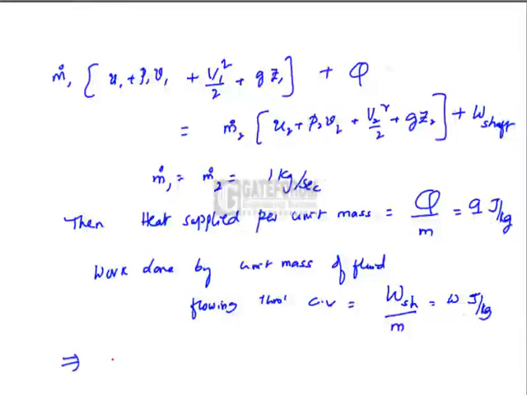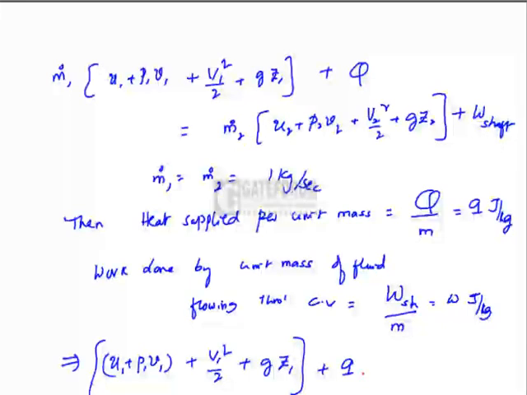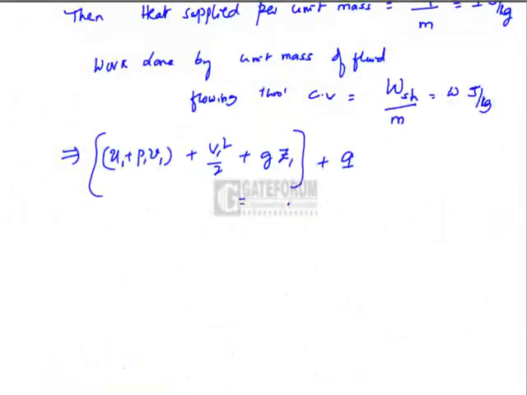That implies U1 plus P1 V1 plus V1 square by 2 plus G into Z1 plus small q, that is heat supplied per unit mass, should be equal to U2 plus P2 V2 plus V2 square by 2, that is kinetic energy, plus G into Z2 plus small w shaft, which is the shaft work done per unit mass flow rate of fluid passing through the control volume.